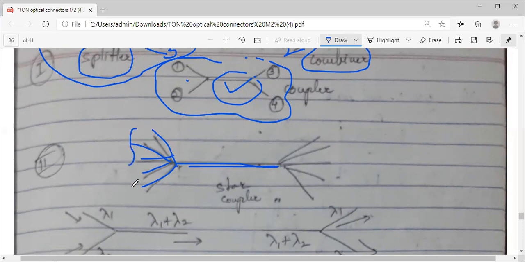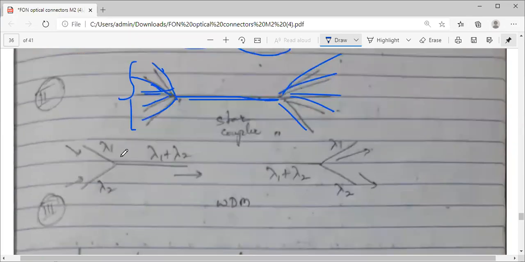You have taken all these bunched together and twisted them, the way you twist clothes to squeeze the water out. Fibers have tensile strength and elasticity; even though they are made of glass, they are flexible enough. So you take the bunch and twist it so that the power will be distributed like this. This is a star coupler.